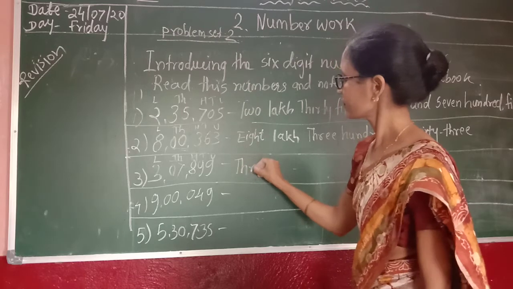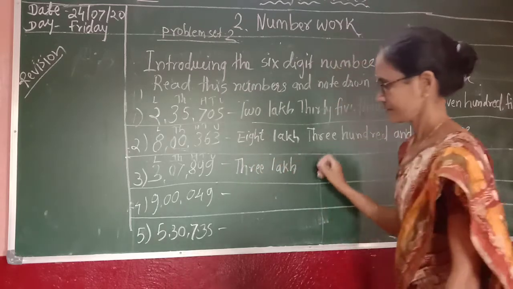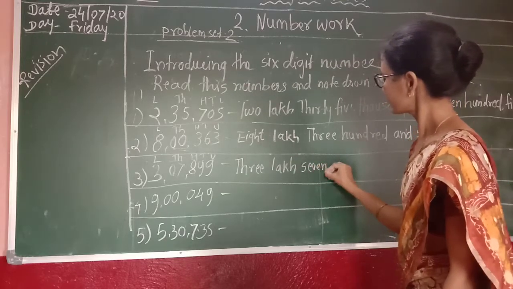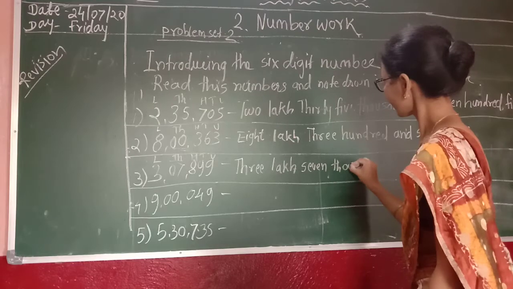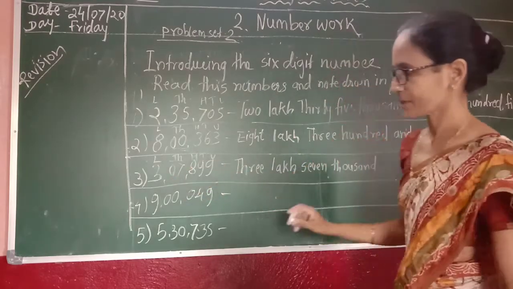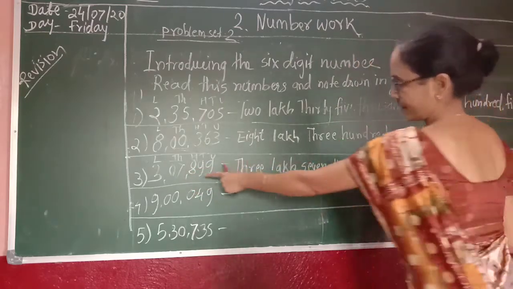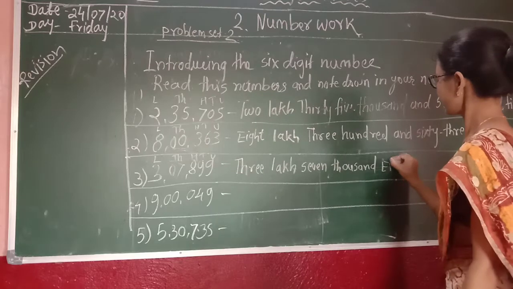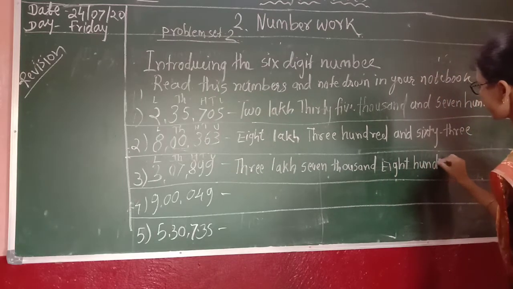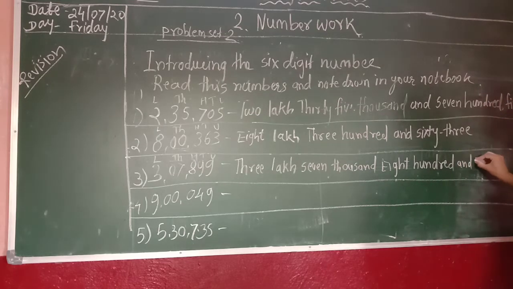That means there is nothing in the 10,000 place here. So 3 lakh 7,800 and 99.